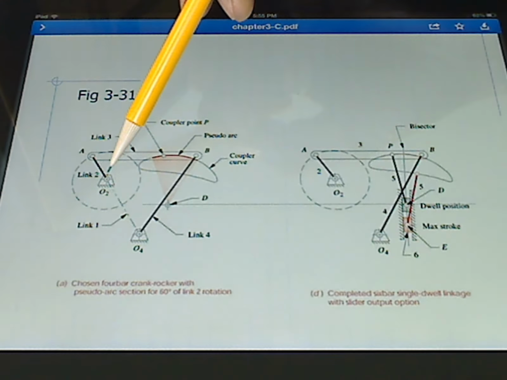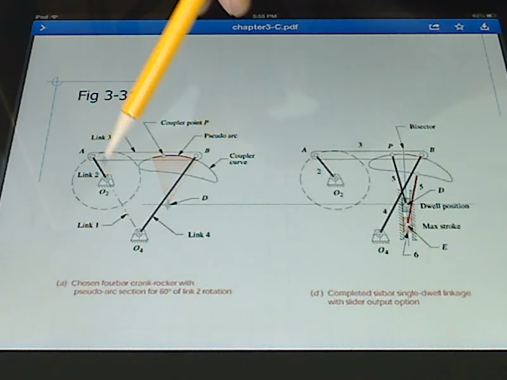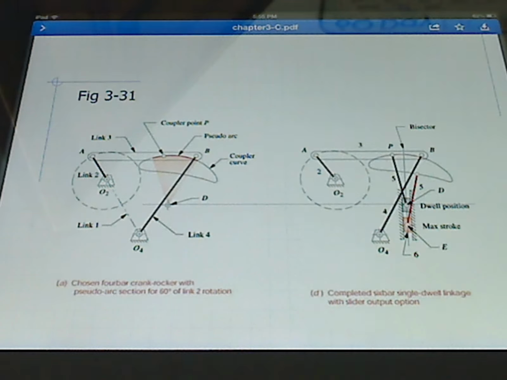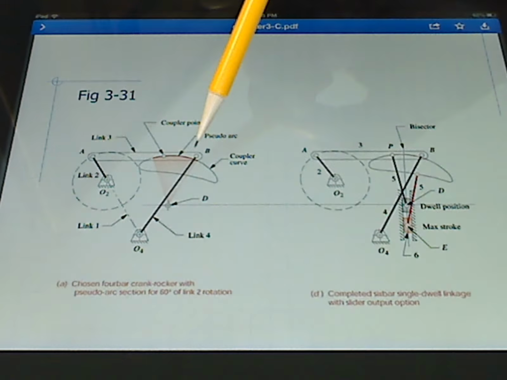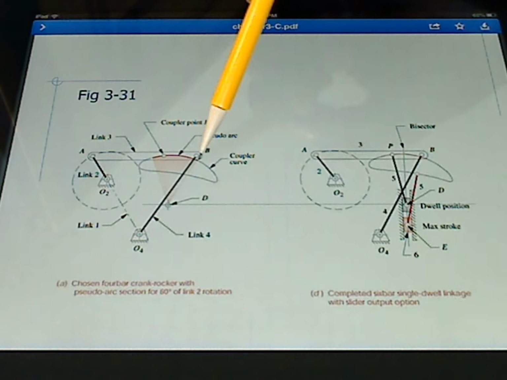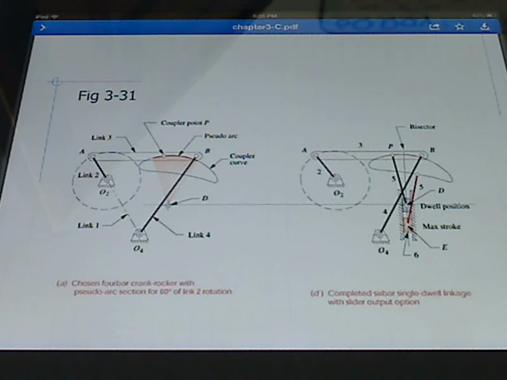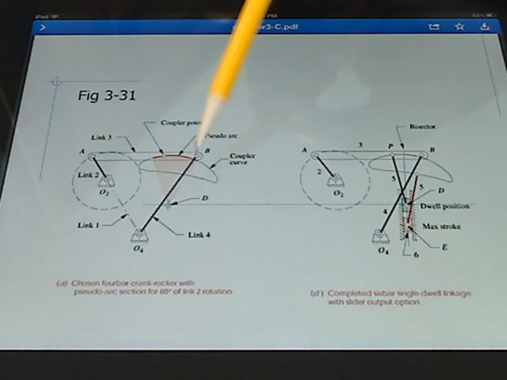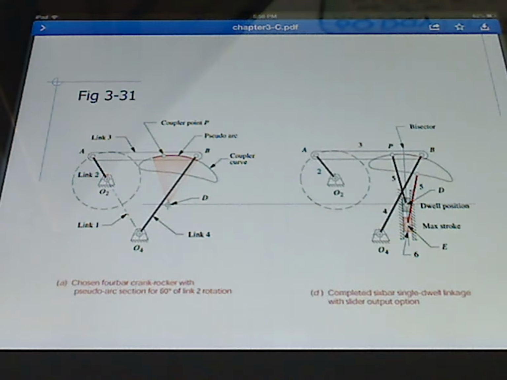So from about 90 to about 135, that's about 45 degrees of crank motion for which you're moving along this curve. That amount of crank motion for which you can be on the arc is a metric that's specified when you start doing a single dwell application.